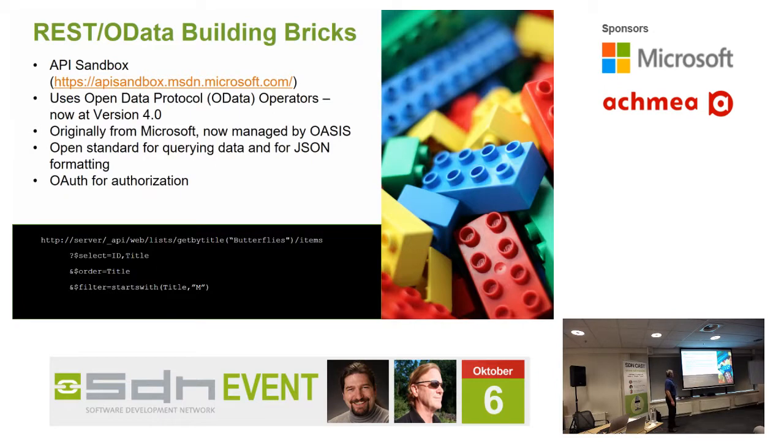So these are the building bricks, and then we've got OData. We talked about this briefly this morning. It further refines this: it's an open standard for how we can build queries against these endpoints, so it's even more structured.